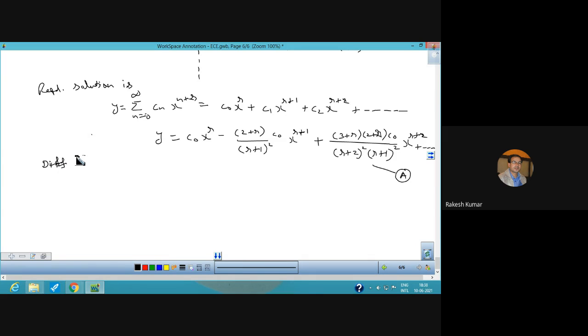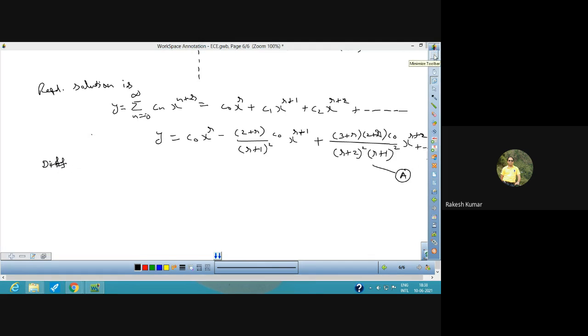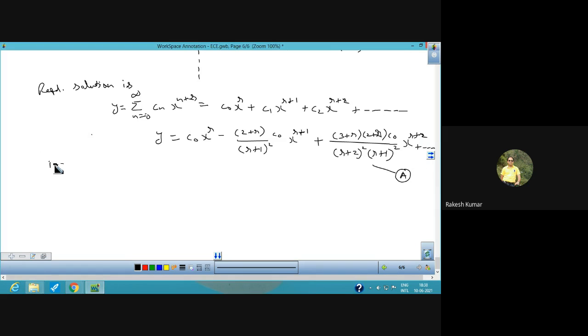So differentiating with respect to r, what we will have is del y by del r.